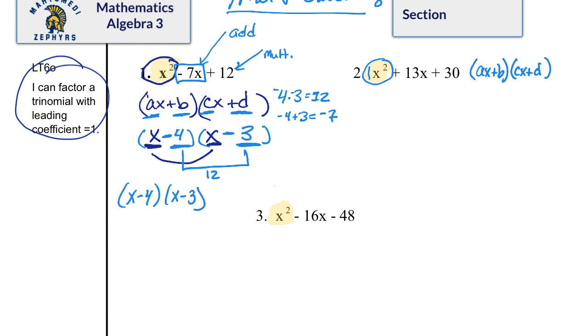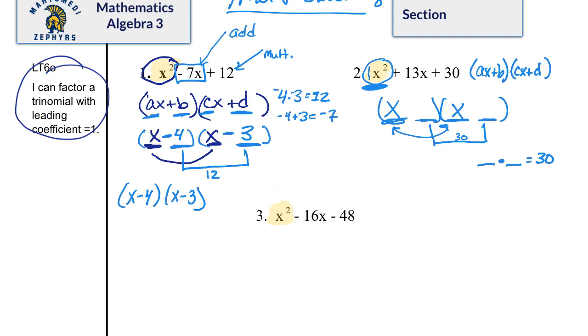We know right away when the leading coefficient is 1, the first value in each binomial has to be x, because when we multiply them together, we get x squared. Now, we have 2 numbers here that have to multiply to 30. So one number times another has to be 30, and those same 2 numbers have to add up to 13x.